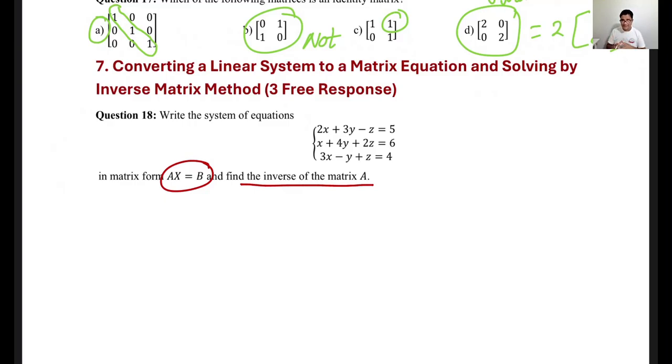That is correct, which is our next lecture. What I will do now is we will just write the matrix equation AX equals B for all of these questions where that is required, and finding the inverse or solving by inverse, we will do as practice when we come back to the next lecture.